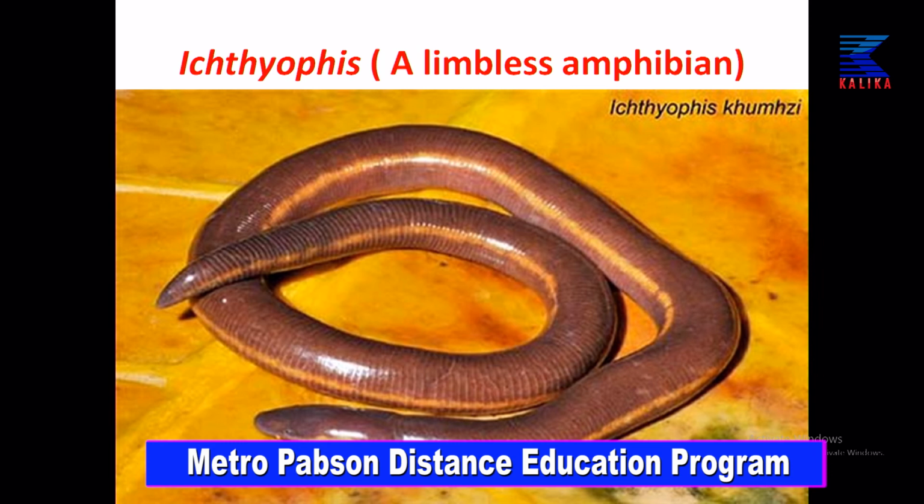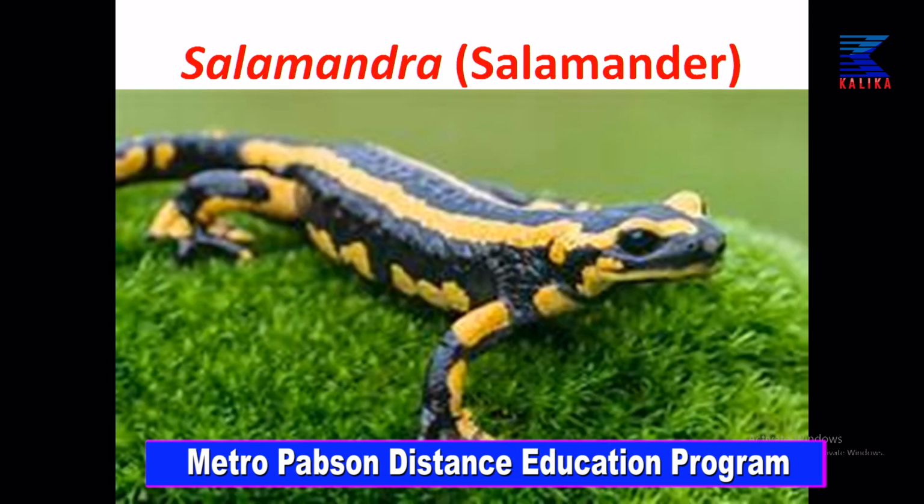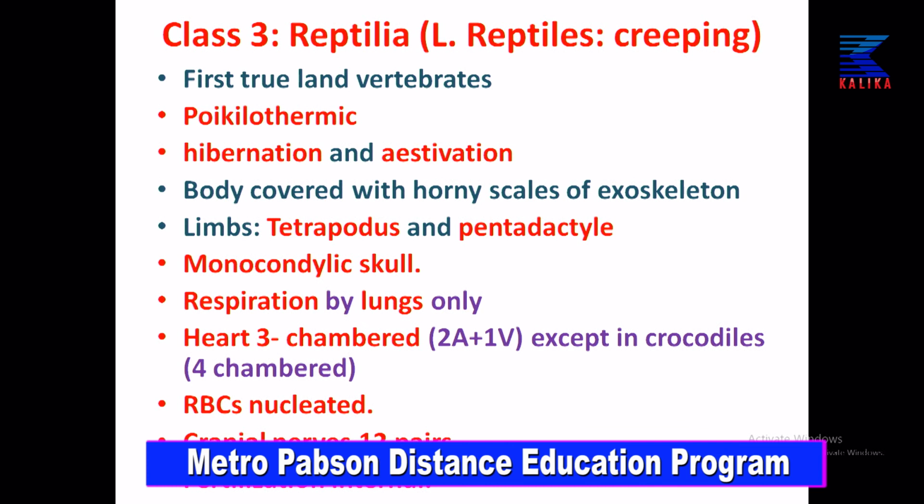Ichthyophis, a limbless amphibian, looks like a snake or an earthworm, but it is not a snake and not an earthworm, but it is an amphibian. Salamander is like a reptile, the lizard, but it is not a lizard. It needs water for the fertilization. That's why it's a salamander.